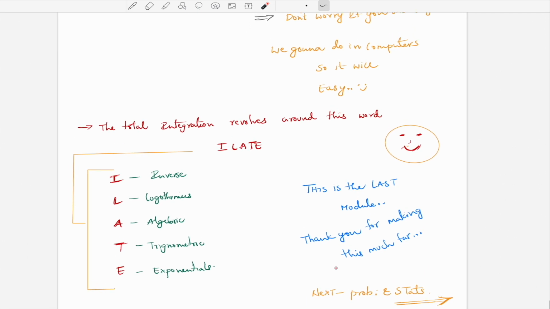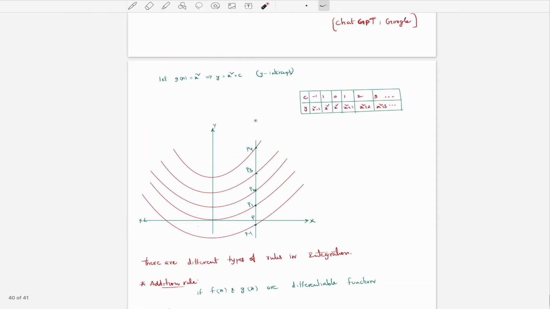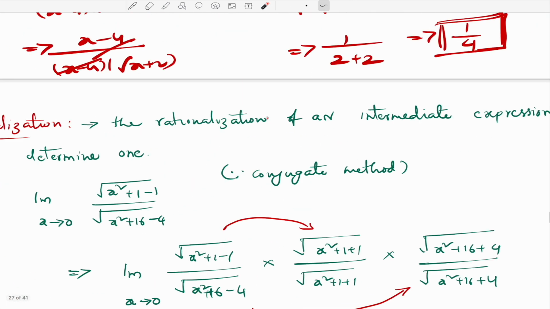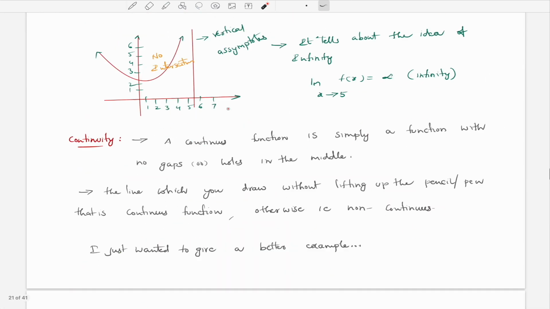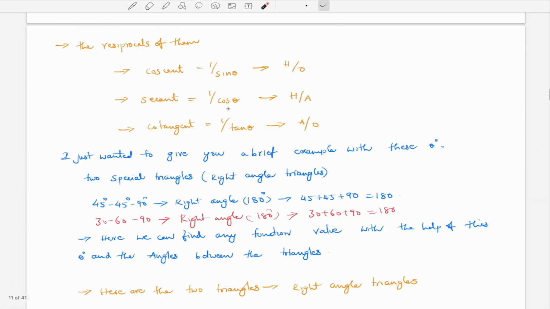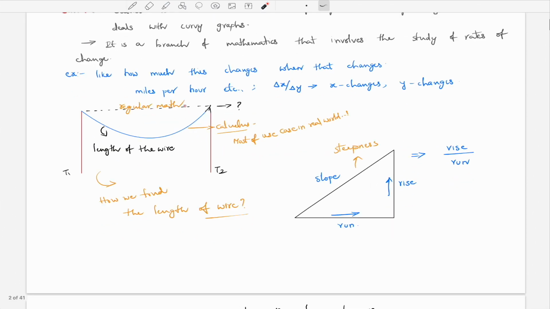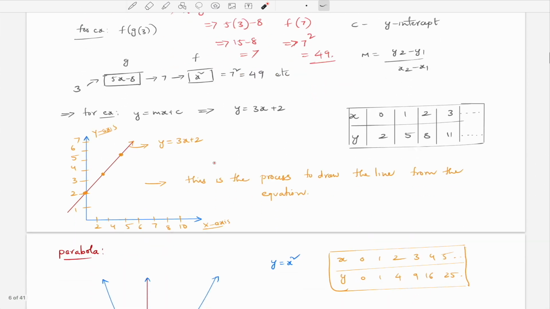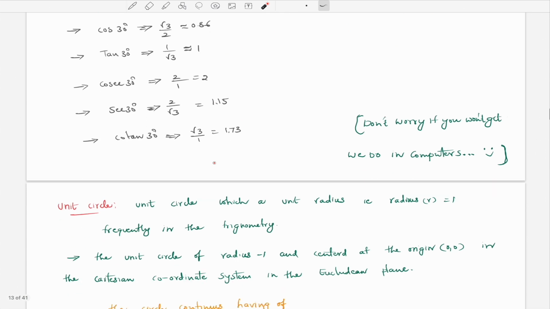Next we're going to discuss probability and statistics. I just want to review what we have discussed from the beginning, from scratch: what calculus is and how we use it, differentiation, integration, functions, composite functions, parabolas, trigonometry, and the unit circle.